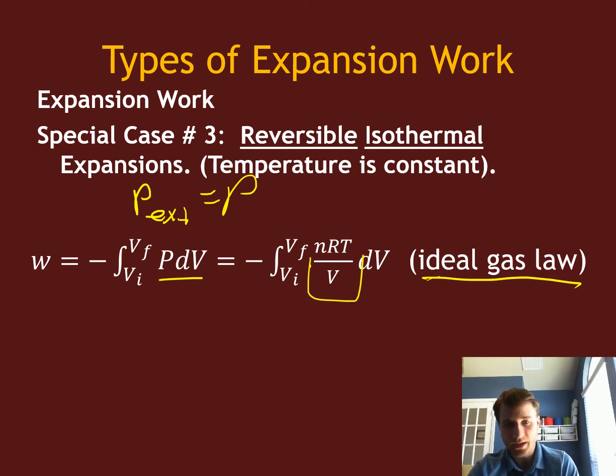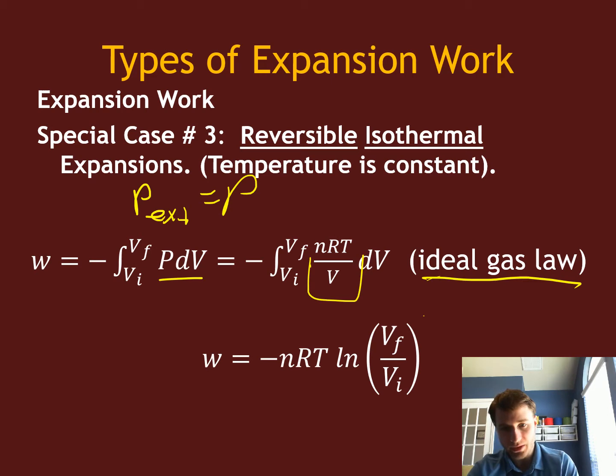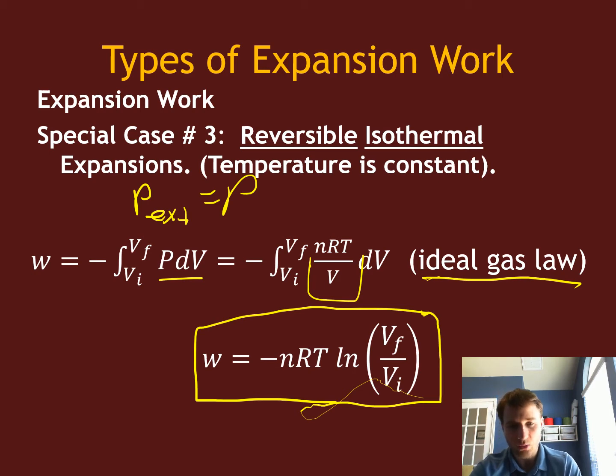So I plug that in, solve the integral, and we get this equation here. And so this equation gives us how much work is being done when I reversibly isothermally expand my gas from some initial volume to some final volume.